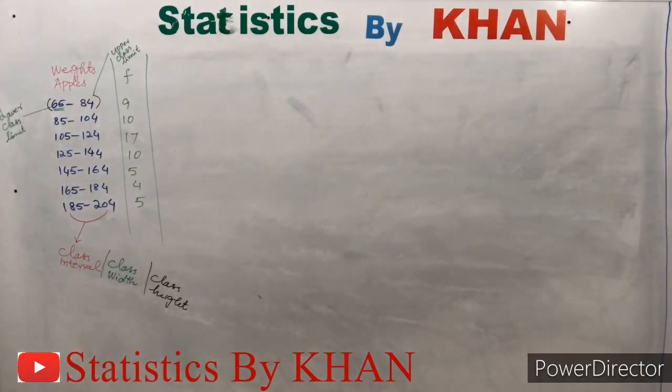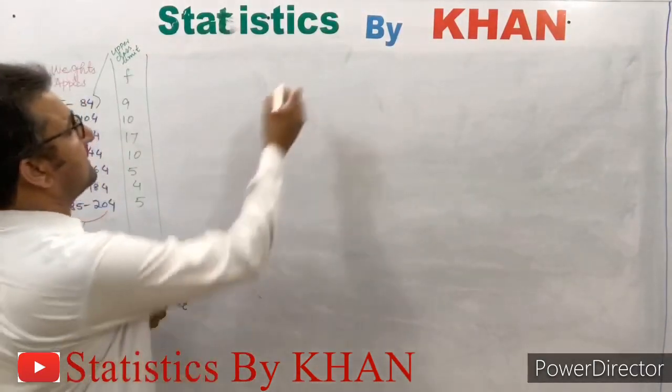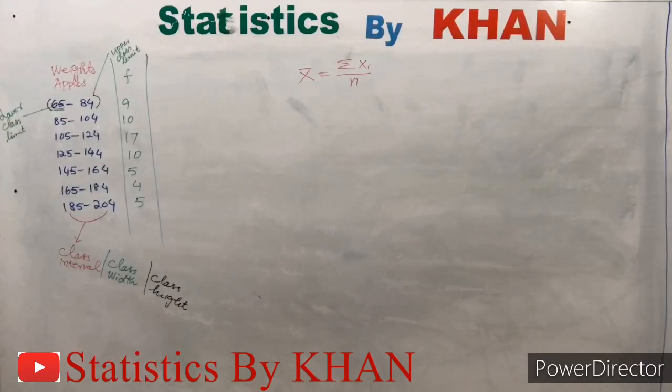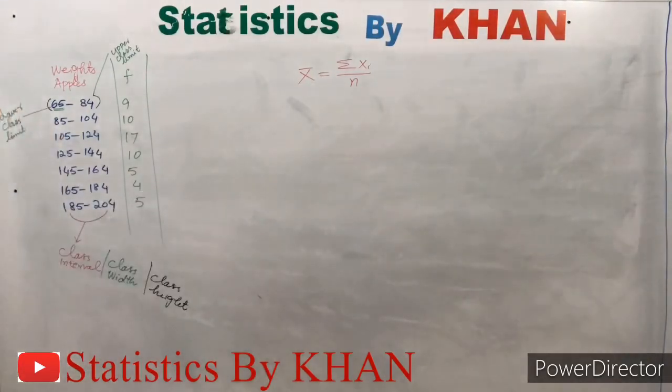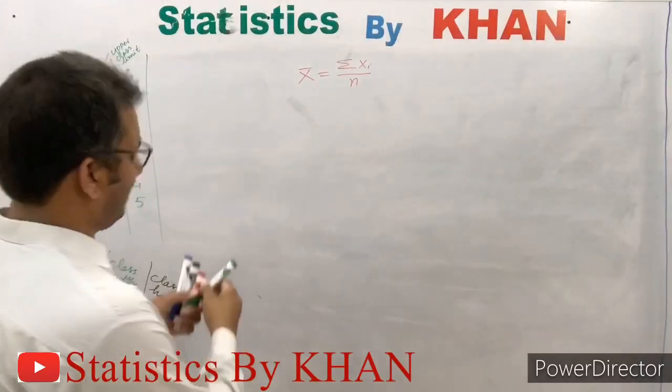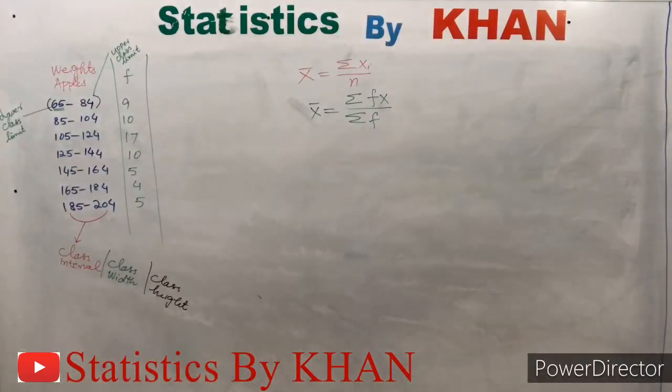Now, when we were discussing arithmetic mean from individual data, when the data was a sample from a population, the formula for the arithmetic mean was x bar equals summation xi divided by n. And when we were computing arithmetic mean from discrete data, the formula was summation fx divided by summation f.